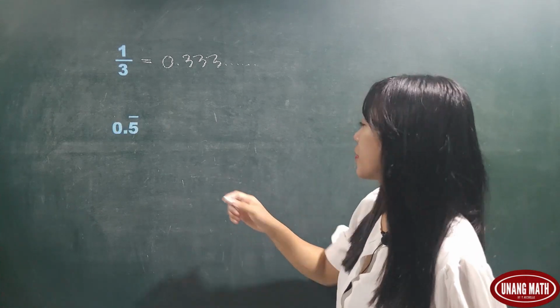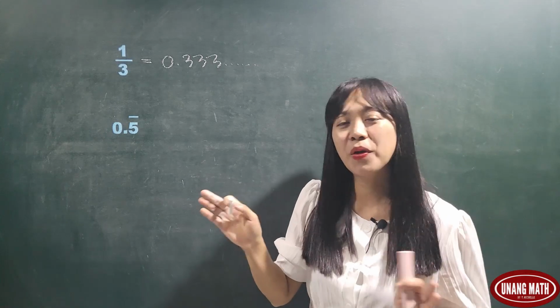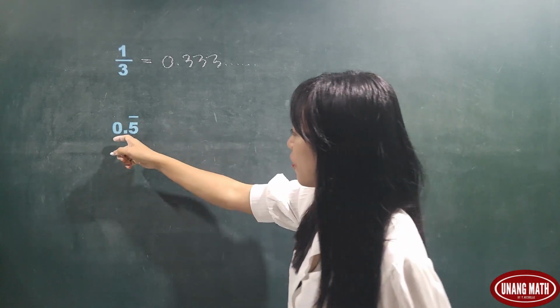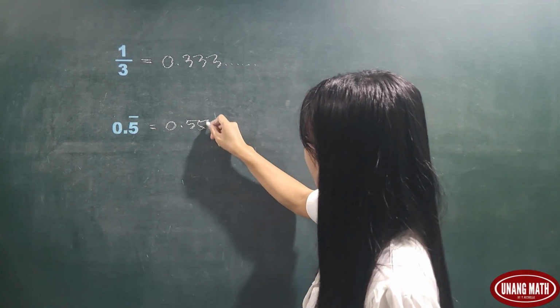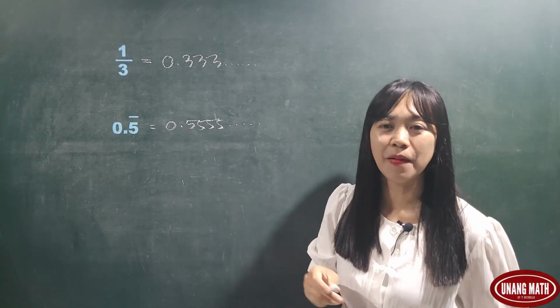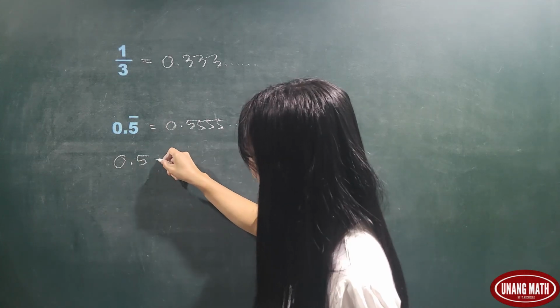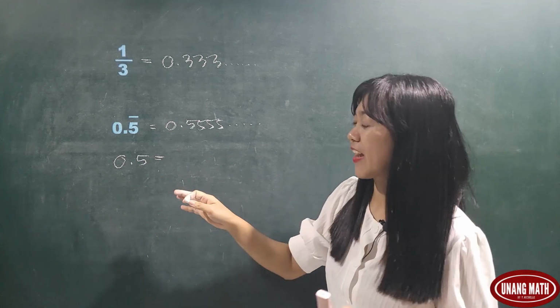Okay, what about for the repeating decimal 0.5? How are we going to convert this to fraction? Okay, 0.5 repeating, this is 0.5555 and this digit 5 repeats endlessly. If the decimal number is 0.5, then this is easier to convert to a fraction.